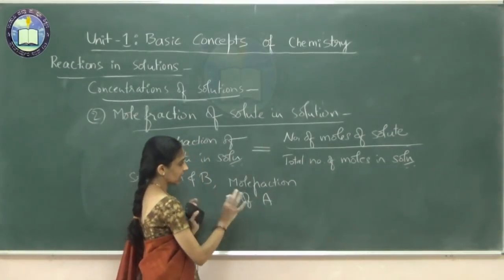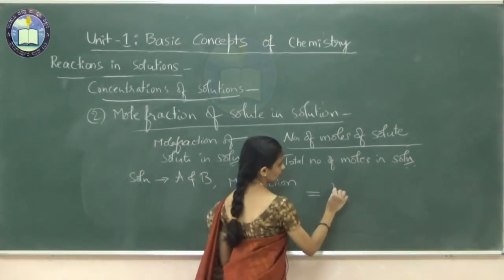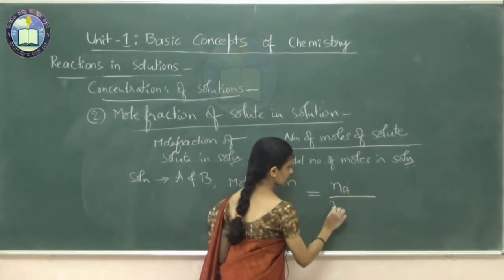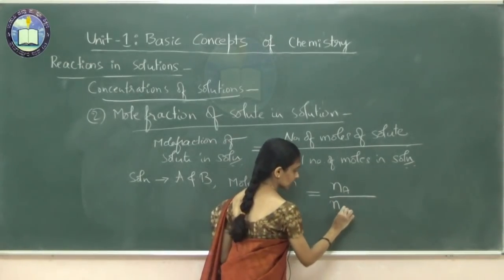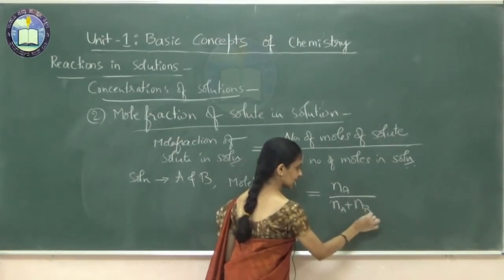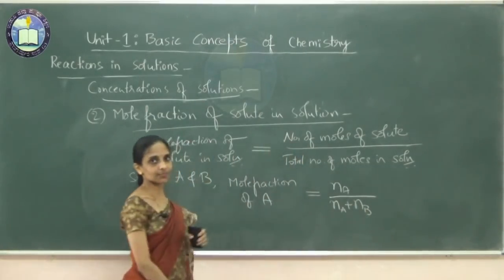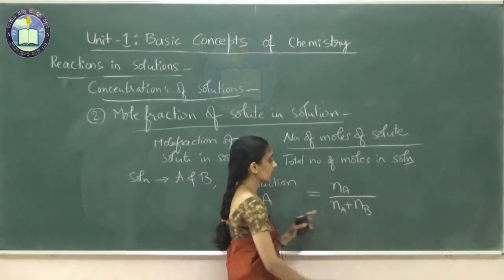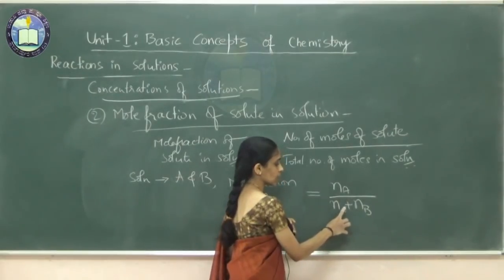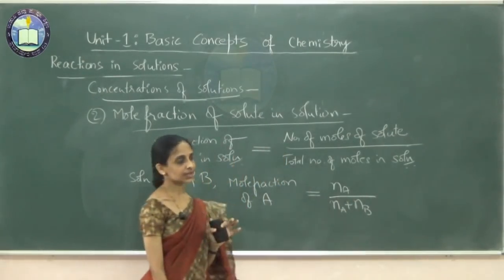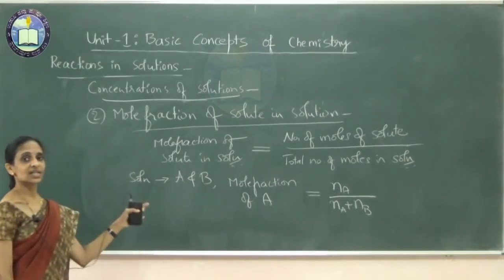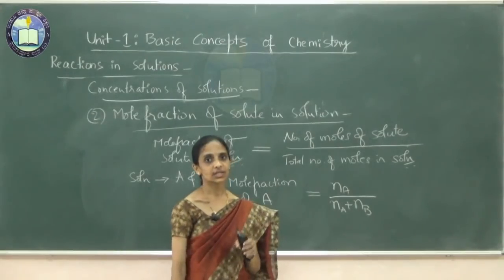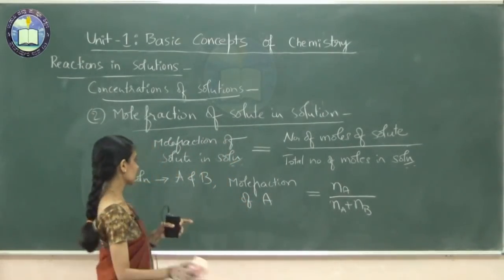Mole fraction of A becomes number of moles of A divided by total number of moles, that is Na plus Nb. So, number of moles of solute divided by total number of moles of solute and solvent. Okay, so this is a general example for mole fraction. We will work out a particular example.